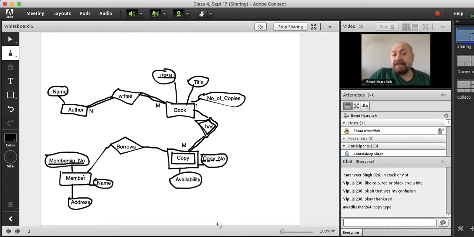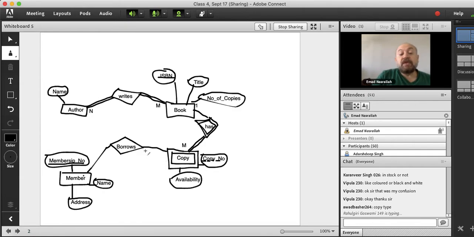So in this example, I wanted to show you how the weak entity has one weak relationship with the owner, but it may have other relationships with other entities.